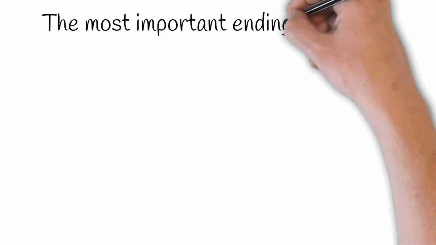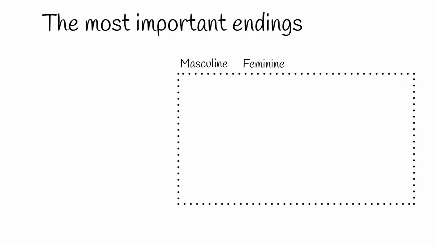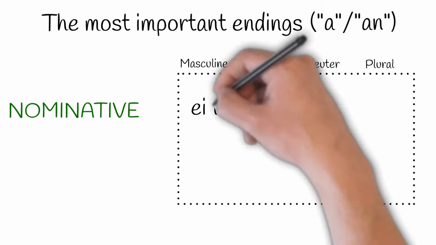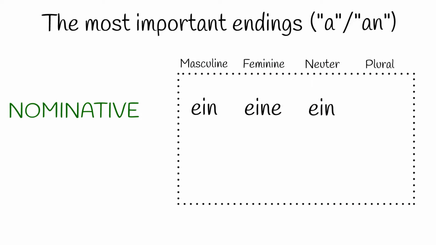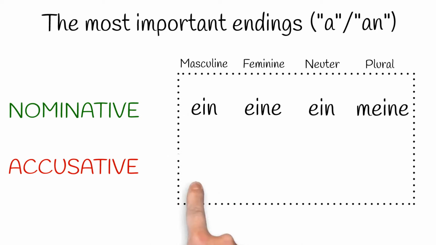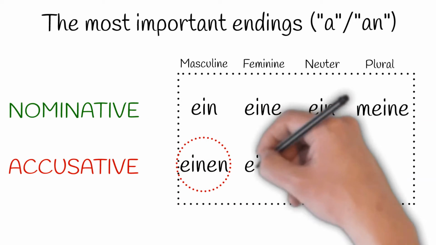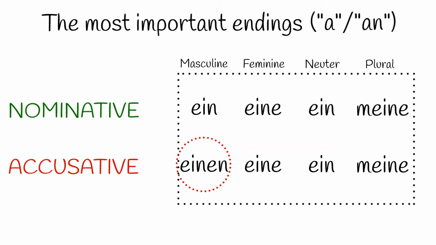This is the second part of the most important endings you need to learn in regard to nouns, and it's the word a or an. In the nominative, we have ein, eine, ein, and meine. In the accusative, only one changes: einen, eine, ein, and meine.